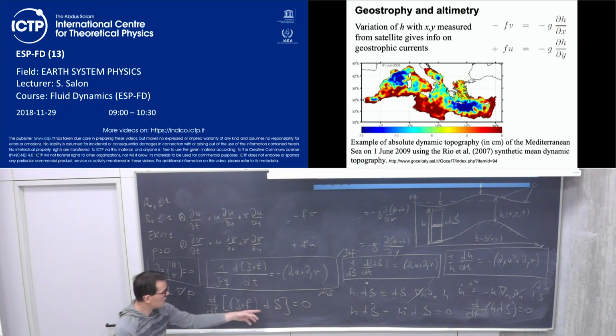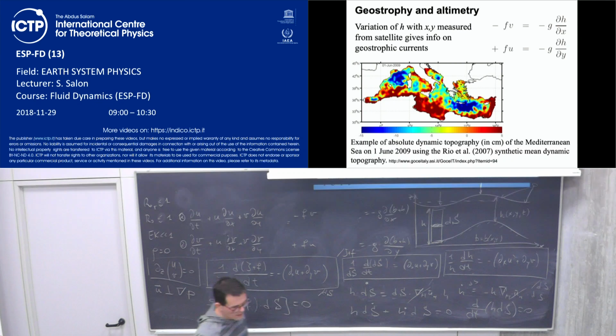It is nothing more than the circulation, if you remember from the first part of the course. When I do the circulation, I apply the integral of vorticity over ds, which is equal to the flux of vorticity. The flux of vorticity is exactly the circulation.